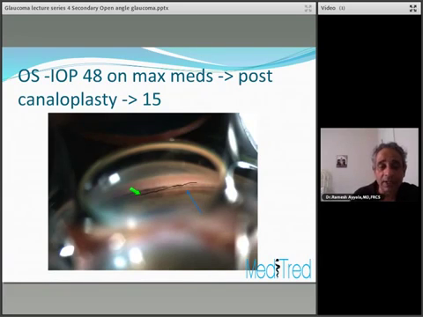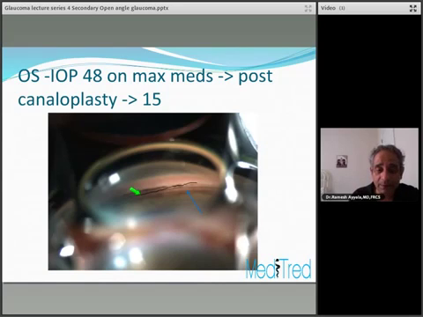On the other hand, I was forced to do a trabeculectomy operation on a young 16-year-old who presented with pressures of 68 millimeters of mercury in his left eye. He was a nationally ranked bowling champion, and he noticed one day that he could not see out of his left eye, and his pressures were found to be close to 72 millimeters of mercury, and that's when I saw him.